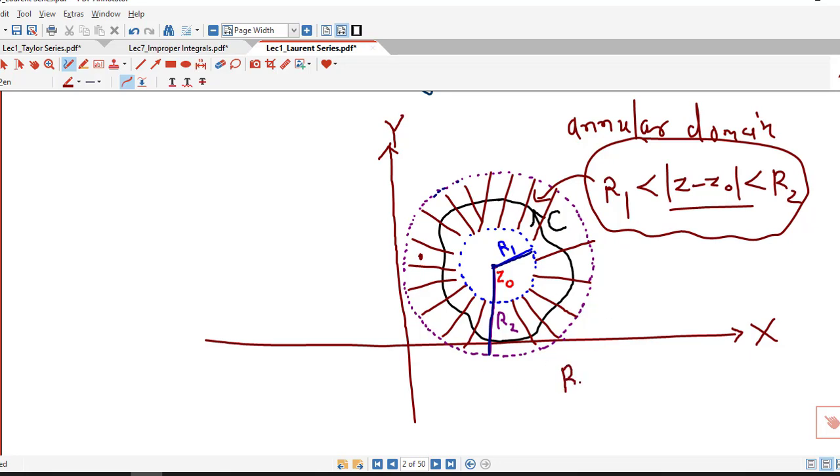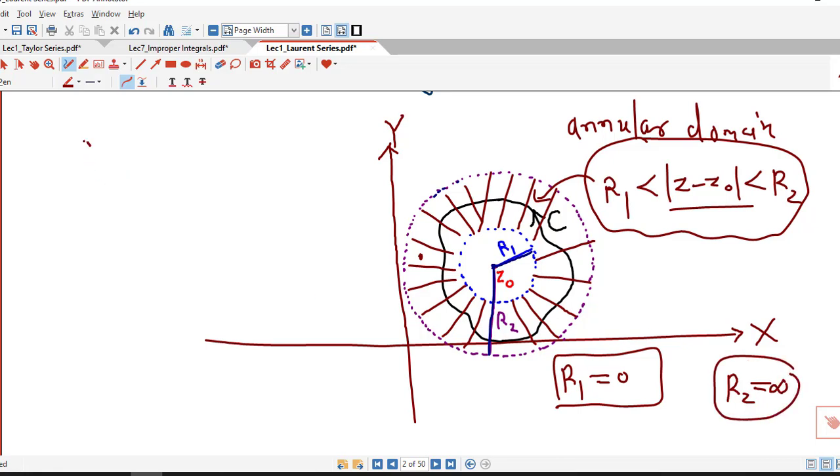Now here r1 can take the value 0 and r2 can also take the value infinity. Suppose we consider f of z equal to 1 by z, then we know that this function is not analytic at z equal to 0.